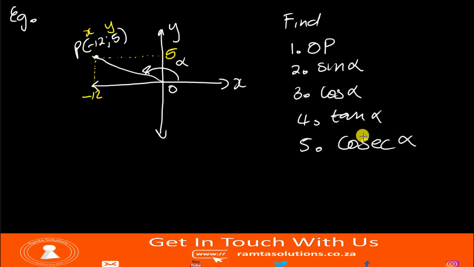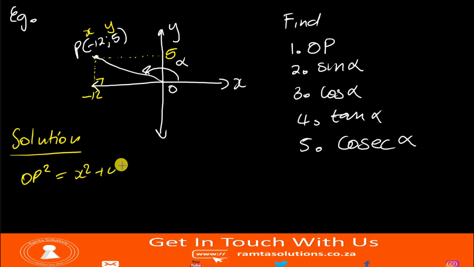Right. So, to answer number 1, this is basically a right-angled triangle. If this is the case, we can say OP squared equals x squared plus y squared.